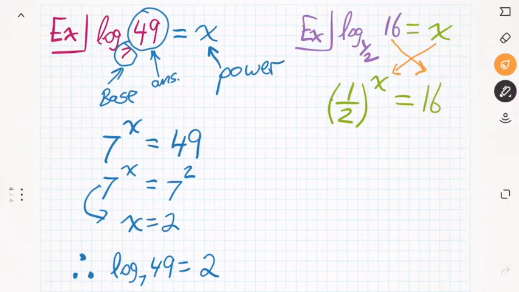So x over here is the range, and when you change it into its inverse function, it becomes the domain. And the same thing for the 16. The 16 up here is a domain because you're plugging it in, and over here it's an answer, so that's a range.